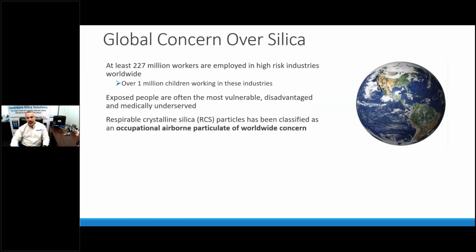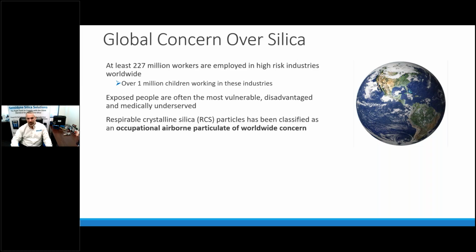On a global scale, at least 227 million workers are employed in high-risk industries worldwide that involve respirable crystalline silica, with over 1 million children known to be working in these industries worldwide.